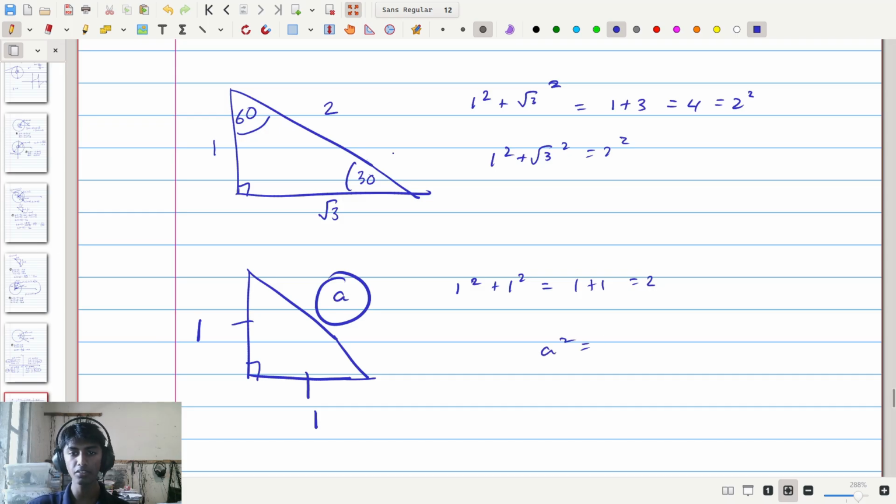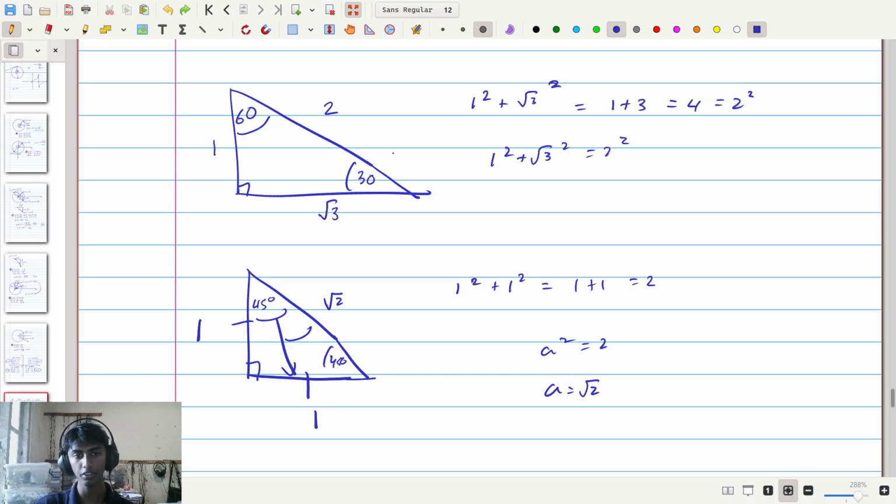A squared is equal to 2, which then means that a is root 2. So we have the triangle 1, 1 and root 2, where these two angles here are 45 degrees and 45 degrees. So here we can see sine of theta is 1 over root 2. Cosine of theta is also 1 over root 2.